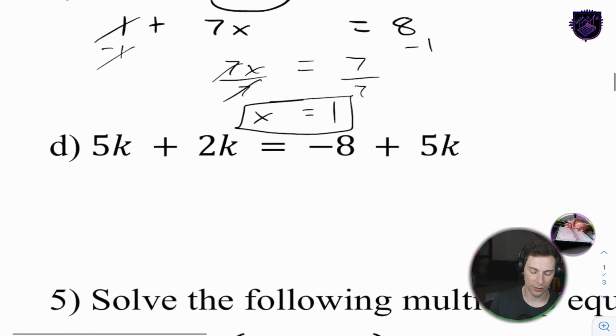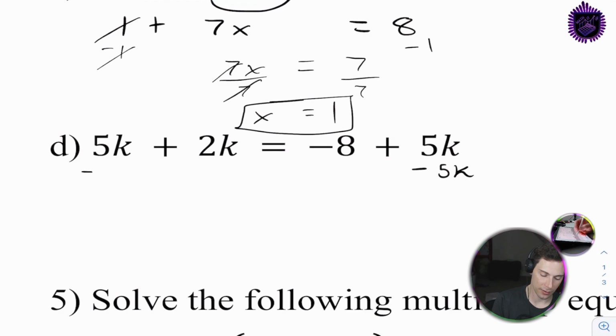All right, next question. 5k plus 2k equals negative 8 plus 5k. So right off the hop, I'm going to subtract 5k from this side and subtract 5k from this side.